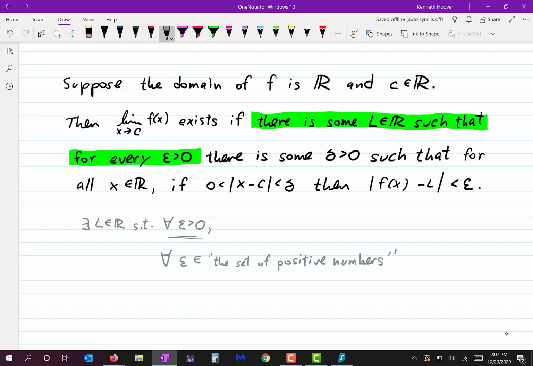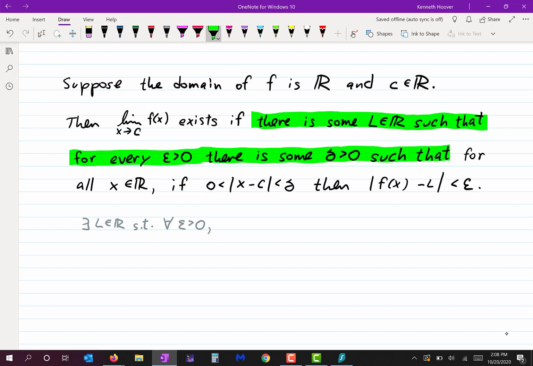See, it's much easier to just write that. Okay, all right, let's continue. There is some delta greater than 0 such that.